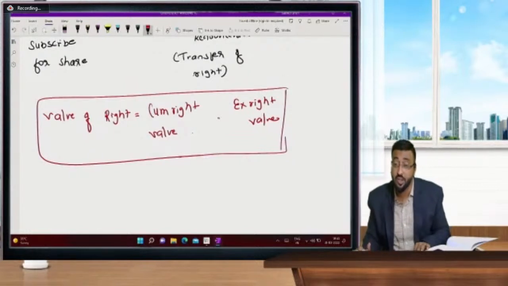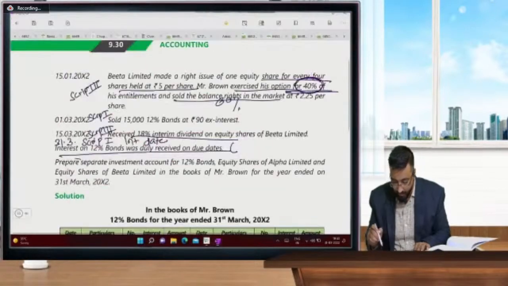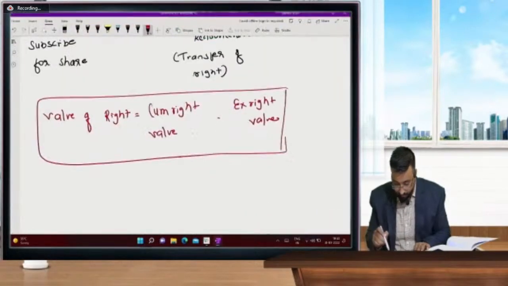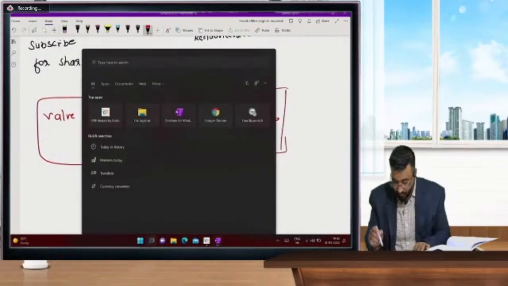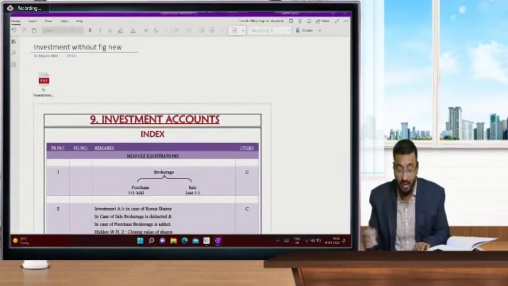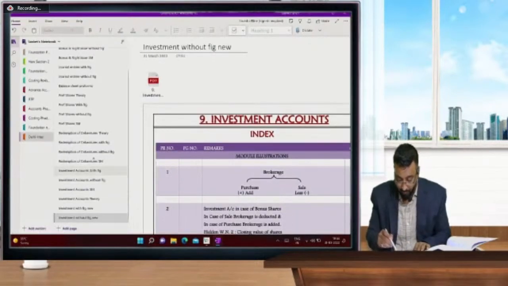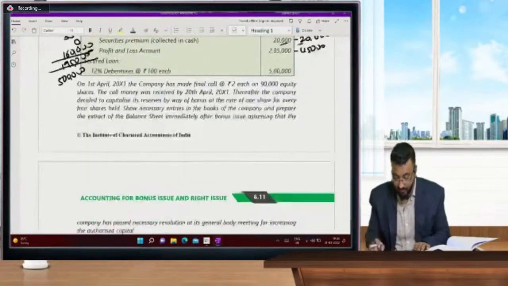Yes, open the chapter of bonus issue and right issue. Open that chapter, bonus issue and right issue study material.